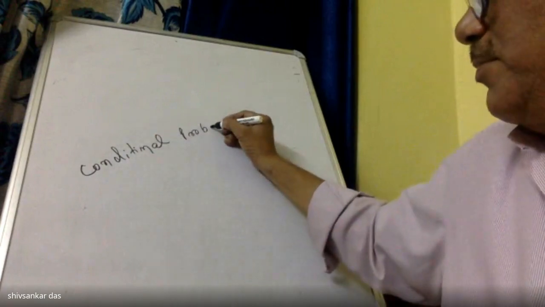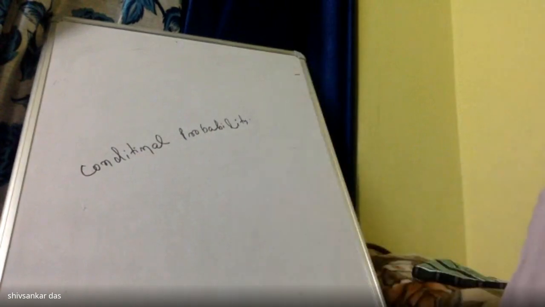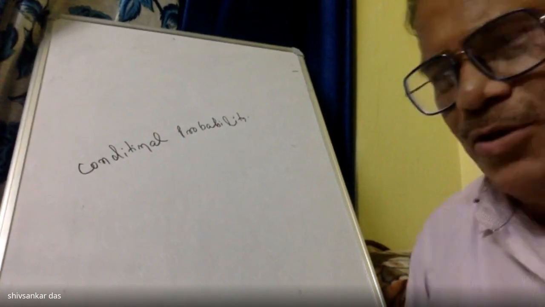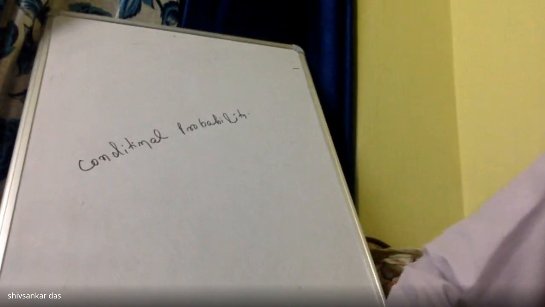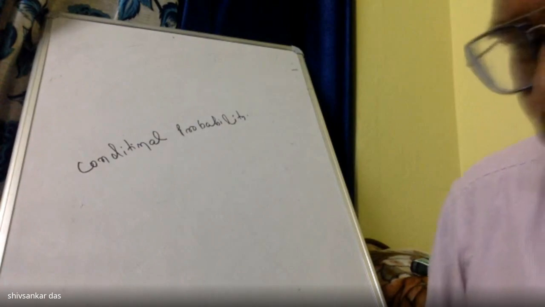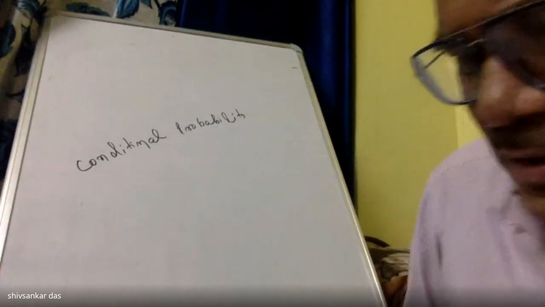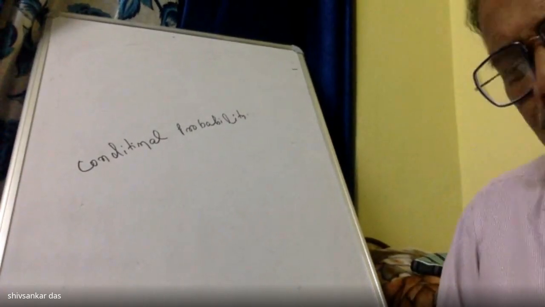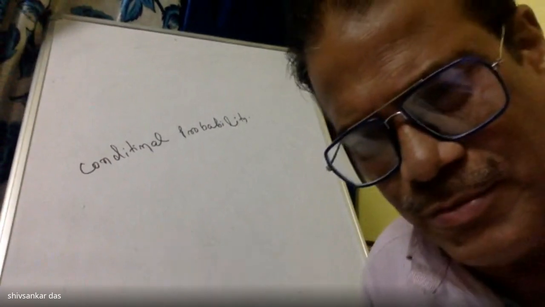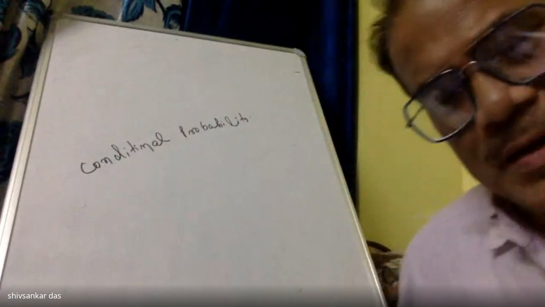Conditional probability. What is that? Suppose you are a manager of a firm. You can say that I have 1,000 people who are getting salary on an average of 20,000 per month. But how many of them are on the shop floor, or how many of them are making overtime?